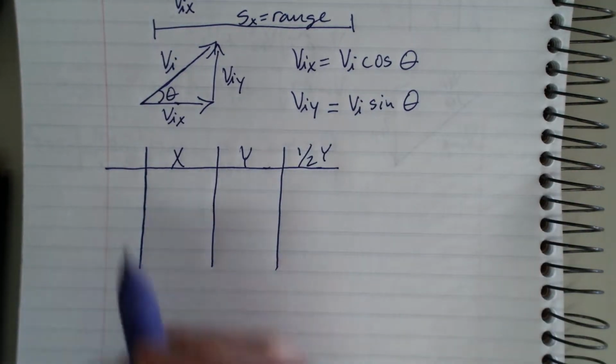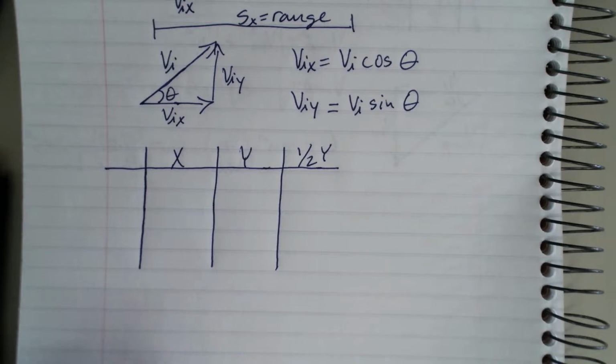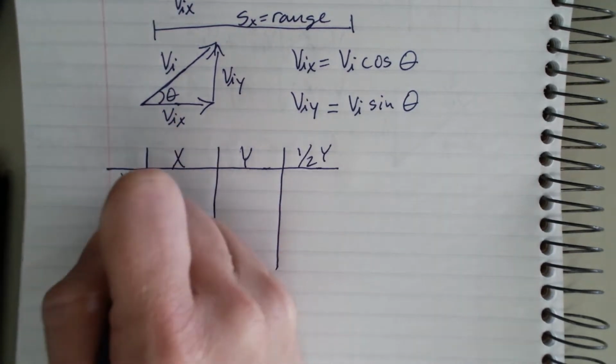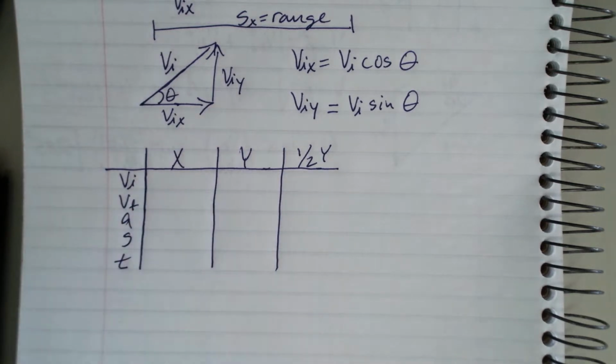You could draw it smaller. And you're going to do the VI, VF, A, S, T down the vertical. Your VI and your VF in the X are constant velocity. You have to remember that your X direction stuff is still constant velocity.